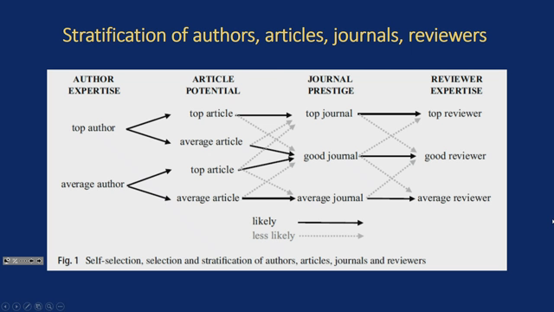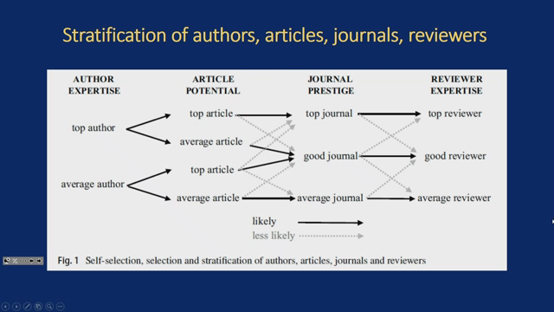Each actor in the review process tries to optimize certain decisions. So, for example, top authors will try to publish in top journals when they believe they have a top article.